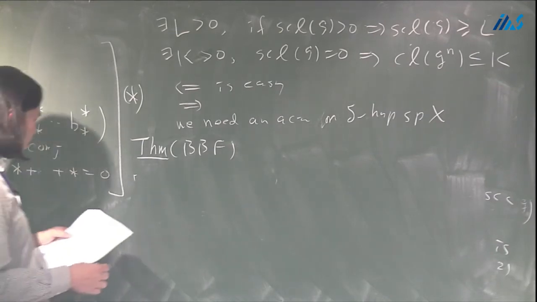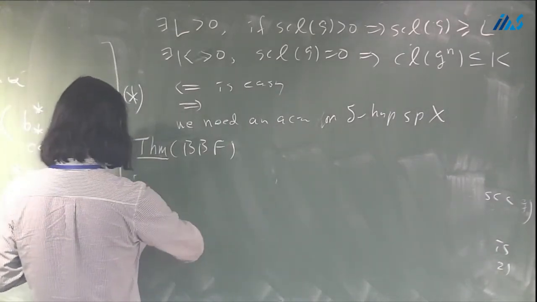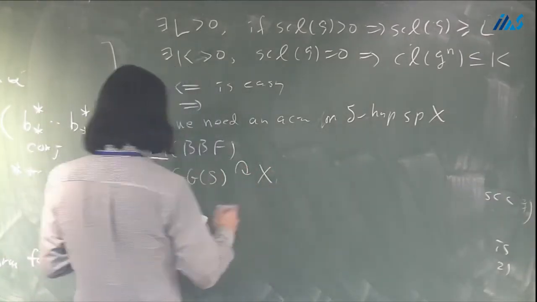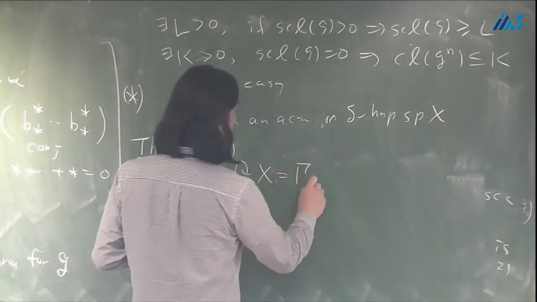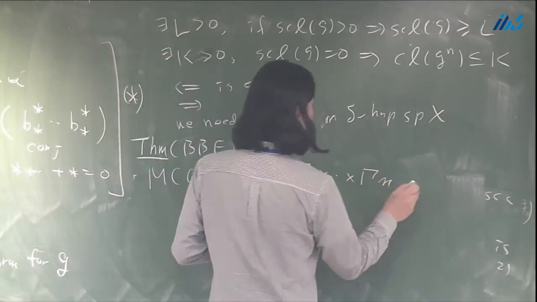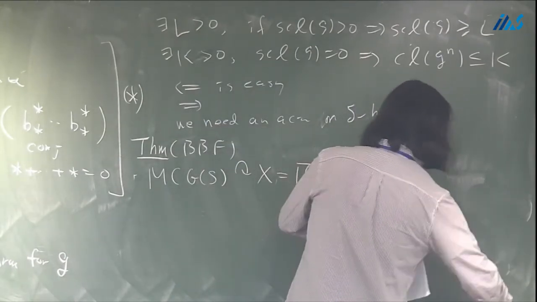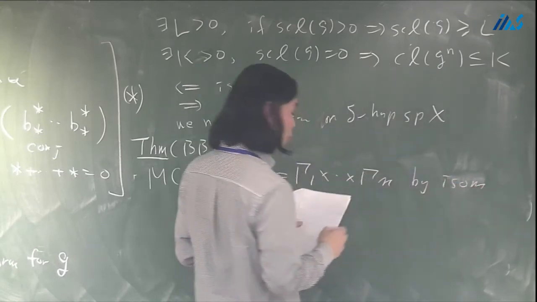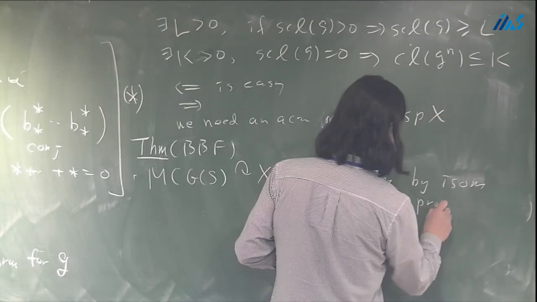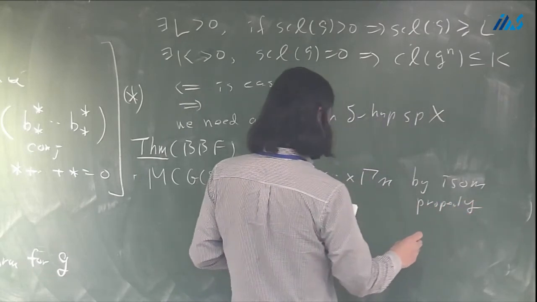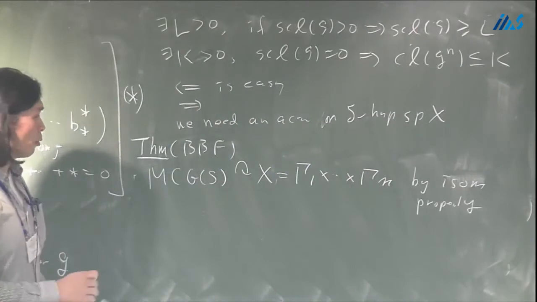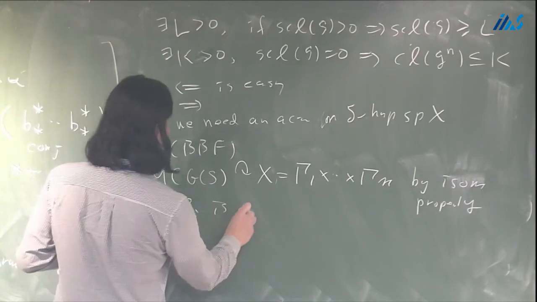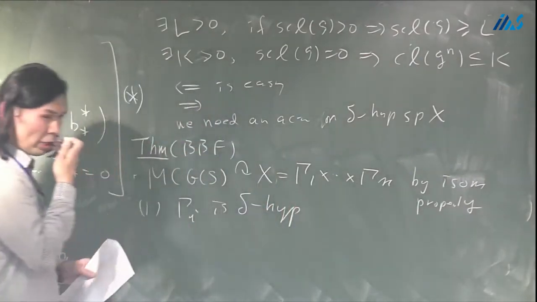If you apply that machinery, we found an action like this: the mapping class group of the surface acts on a space X, which is a product of delta hyperbolic spaces gamma i, by isometries and properly, and preserving this product decomposition, such that each gamma i is delta hyperbolic.